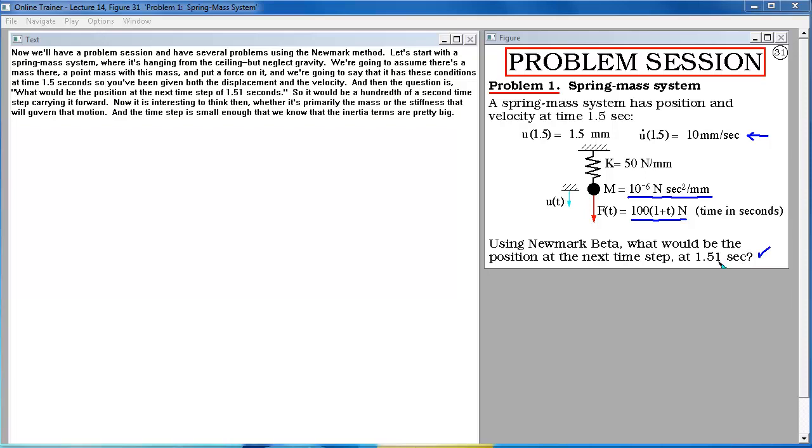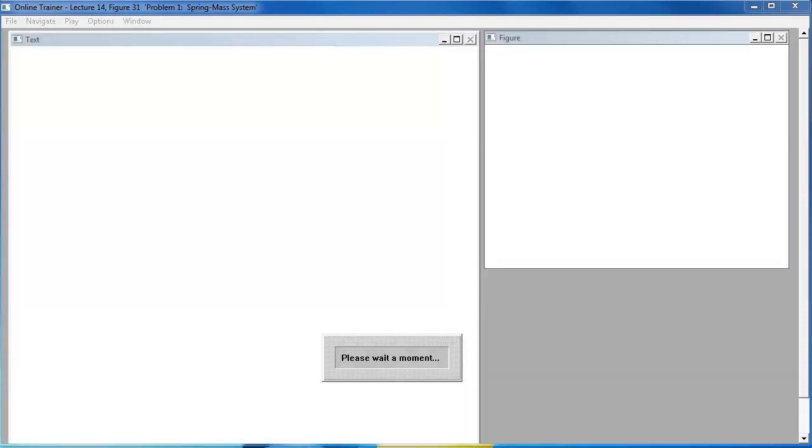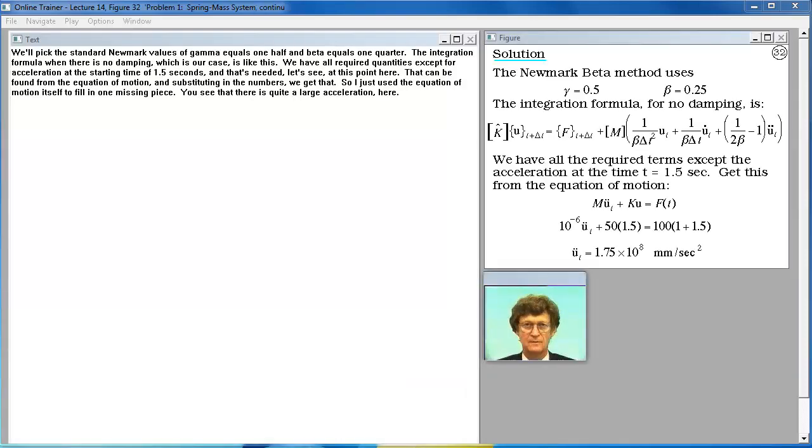Now, it is interesting to think whether it's primarily the mass or the stiffness that will govern that motion. If the time step is small enough, we know that the inertia terms are pretty big. We'll pick the standard Newmark values of gamma equals 1/2 and beta equals 1/4. The integration formula, when there's no damping, which is our case, is like this.